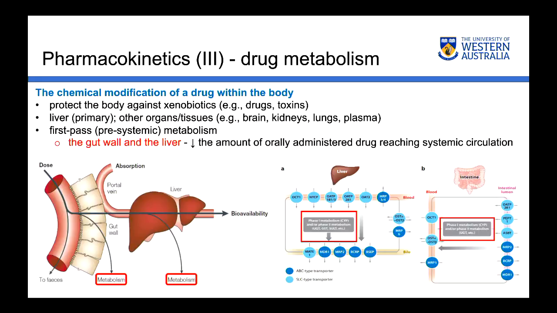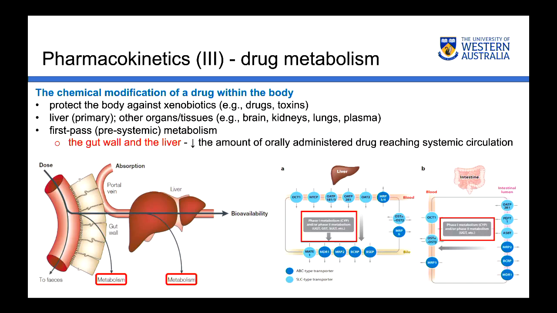Now, I'm glad that we are getting to drug metabolism, because I'm going to spend quite a few slides on this process and talk about many interesting scenarios and why it's important for us to consider in terms of drug development. Drug metabolism allows the body to chemically modify drugs to avoid potential toxicity caused by exposure to toxins, xenobiotics or harmful chemicals.